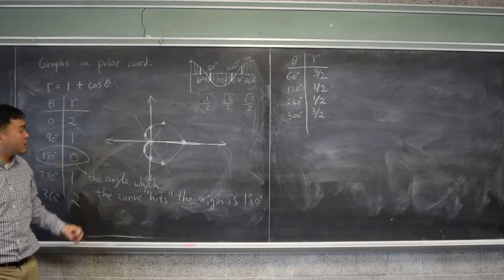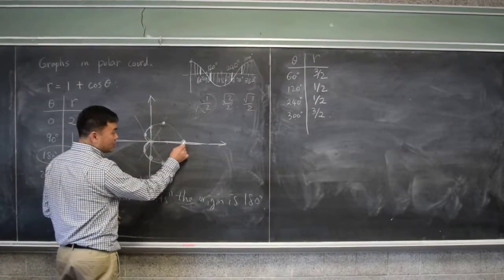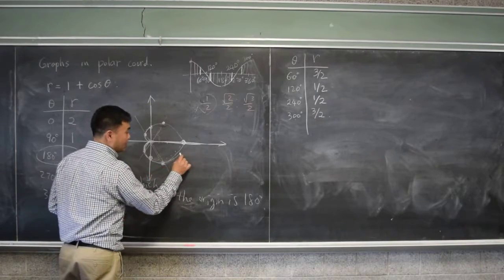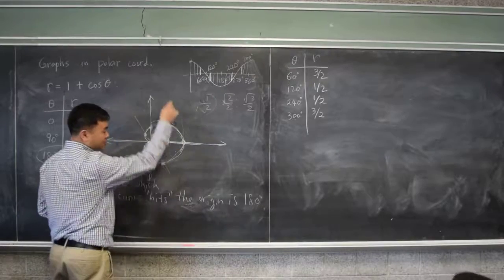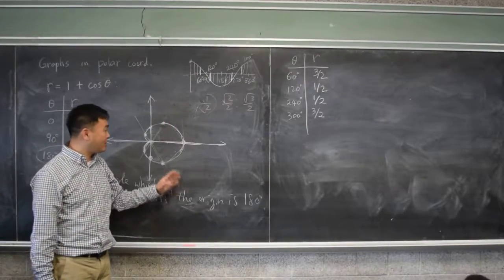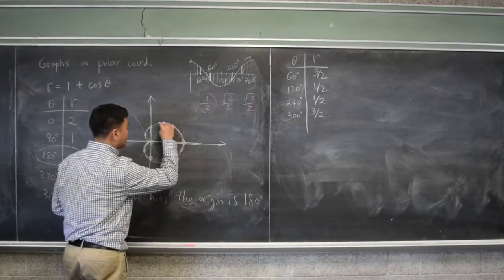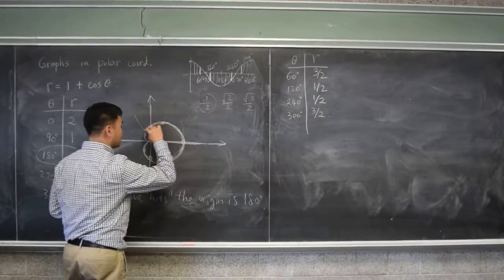So other than the origin, the graph should be changing smoothly. So even here, you can't just say this and that. Okay? It has to be like this, so that the tangent line is a vertical line. We know that it has to be a vertical line because it has this symmetry. Okay? So that should be the graph, just like that.